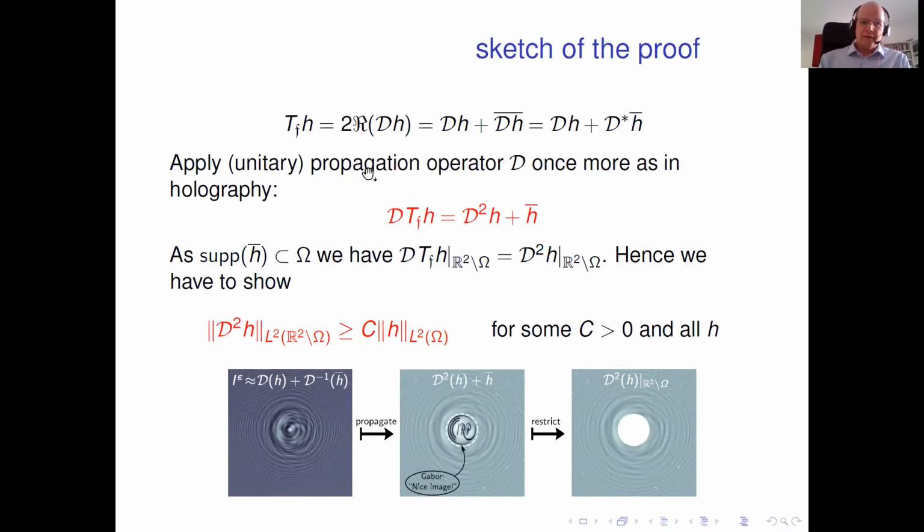And now what we do is we apply once more the Fresnel propagation operator. And this kind of corresponds to holography. So this TH would be a hologram, and to decipher that, we apply again the Fresnel propagator. And mathematically, what we get here is a squared Fresnel propagator plus, since D is unitary, just the signal complex conjugate.